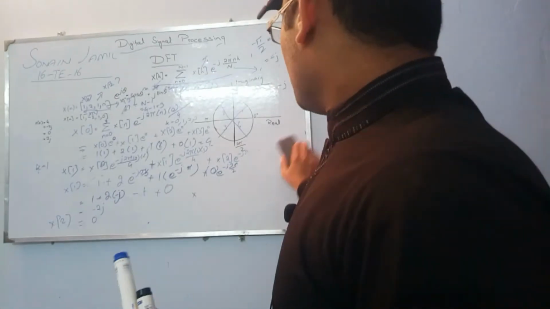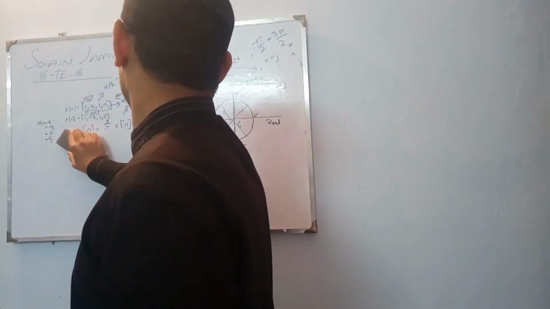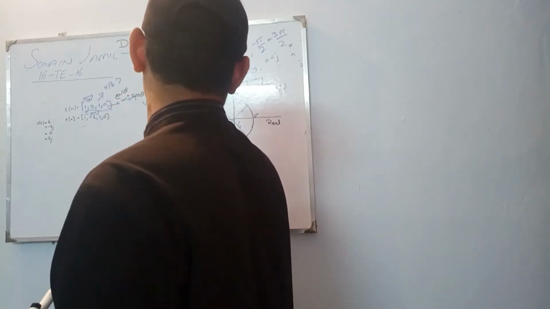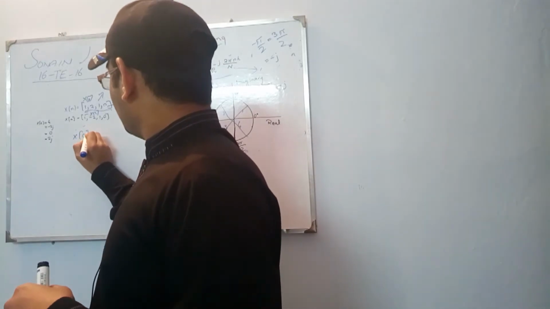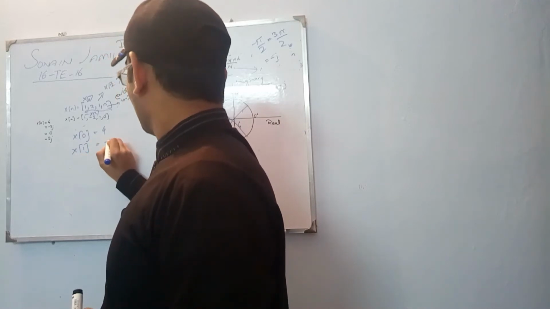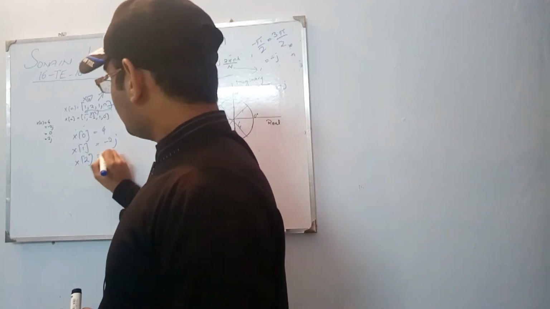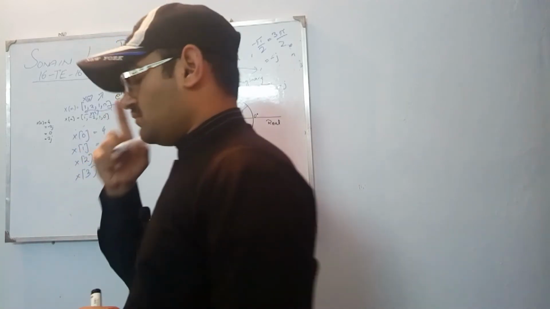So what we conclude is that these values will be: X of 0 is 4, X of 1 is minus 2j, X of 2 is 0, X of 3 is equal to 2j.